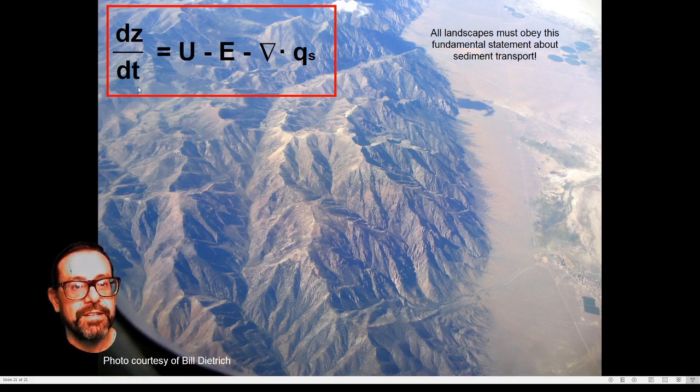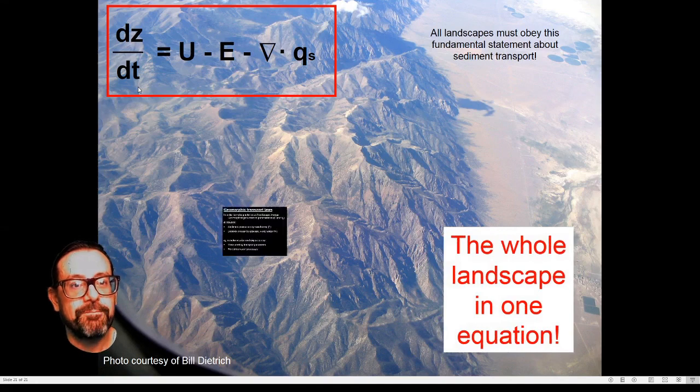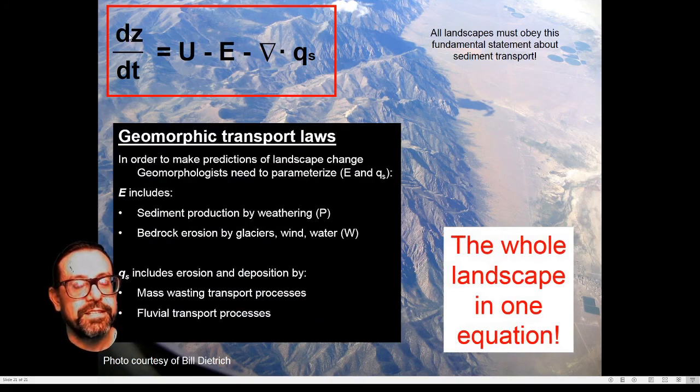It tells us that the change in landscape elevation with respect to time is equal to the uplift of the landscape minus the erosion rate of bedrock in the landscape minus the sediment flux divergence, or the change in sediment flux across the landscape. And so this leads us to try to understand geomorphic transport laws.